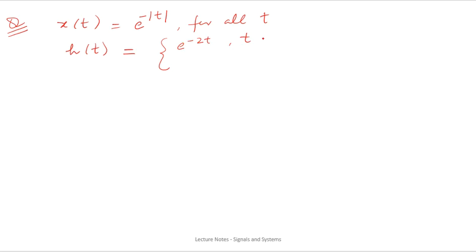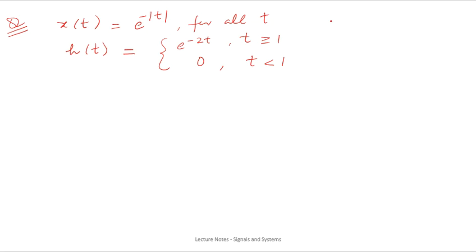The first problem: x(t) is given as e raised to the power minus mod t for all the values of t, and h(t) is given as e raised to the power minus 2t for t greater than or equal to 1, and it is 0 for all the values of t less than 1.